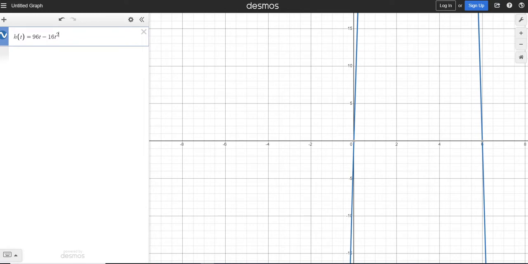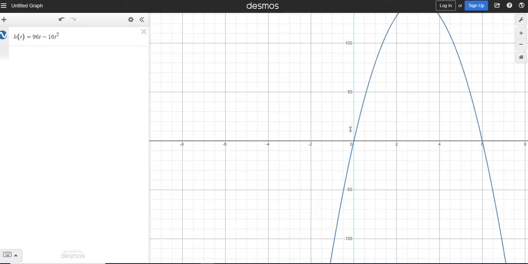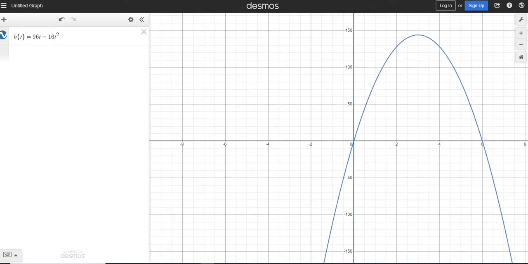And I definitely need to look a bit higher in the y direction. There we go. The first thing we're supposed to do is find h of 2, which I can type right into Desmos. That was that height of 128 feet. And indeed, that's exactly what we got.